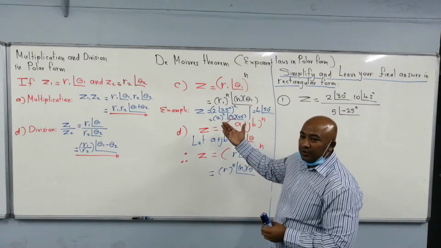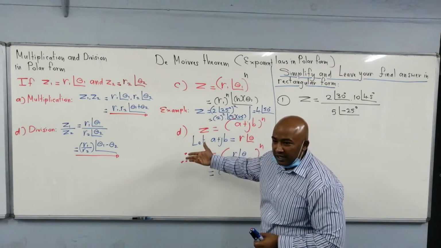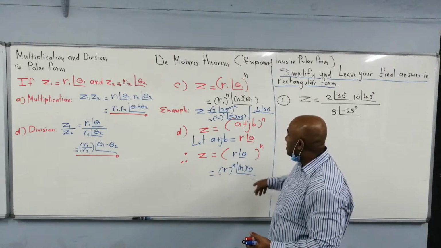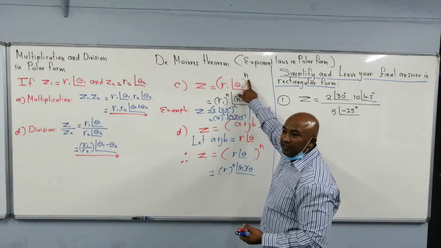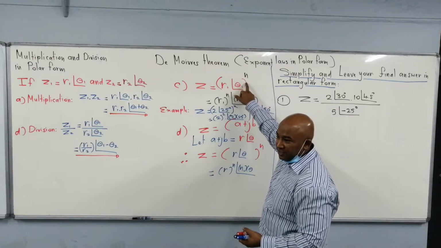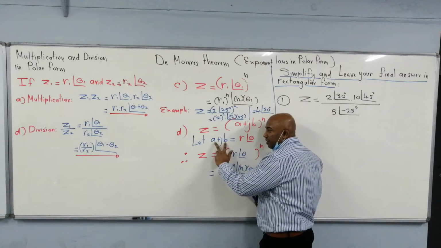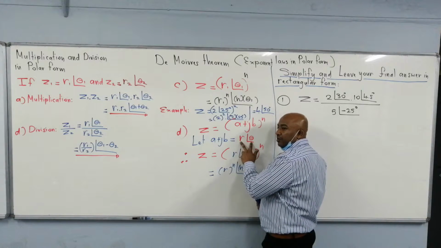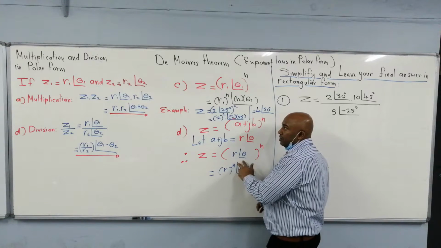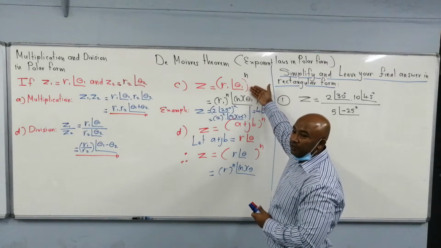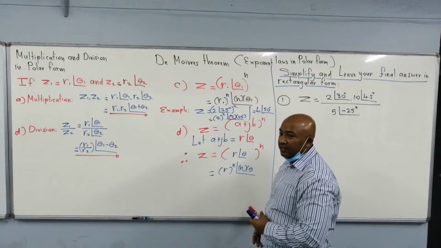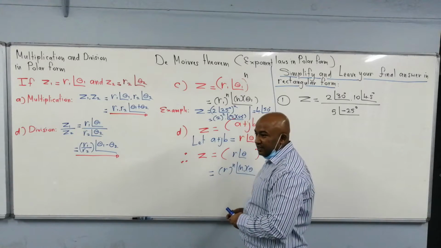Maybe if you have a square, it's easy to square it out. But what happens if your power is 15, or negative 6 or negative 7? Then you must remember how to convert from rectangular to polar form. Then once it's in polar form, you apply your exponent law and then simplify it.